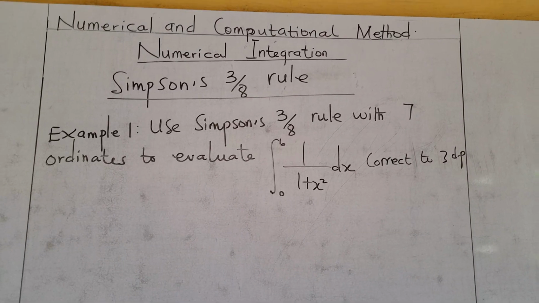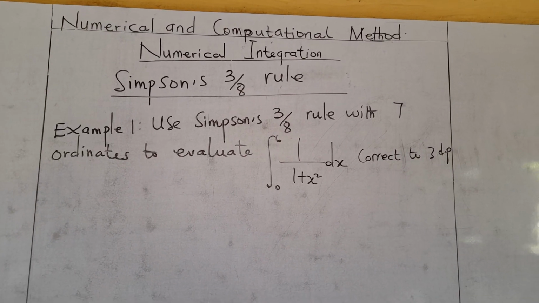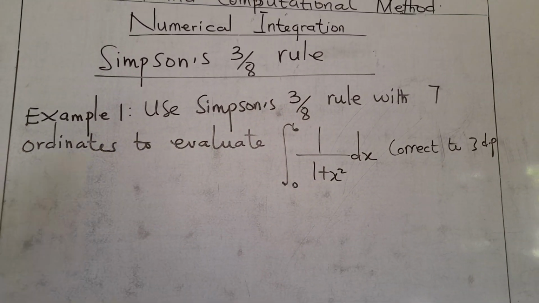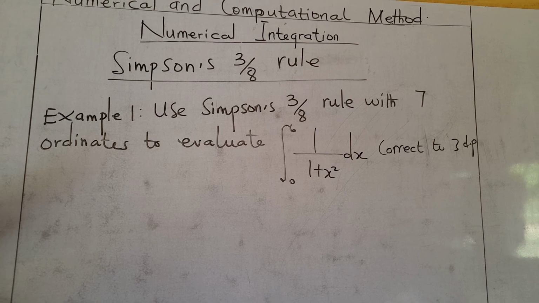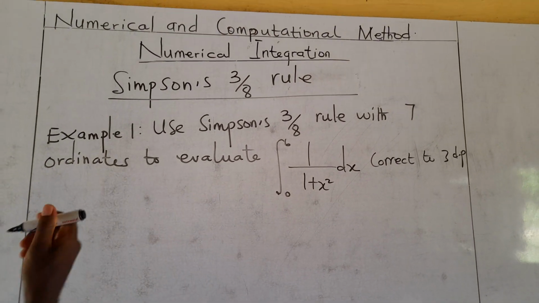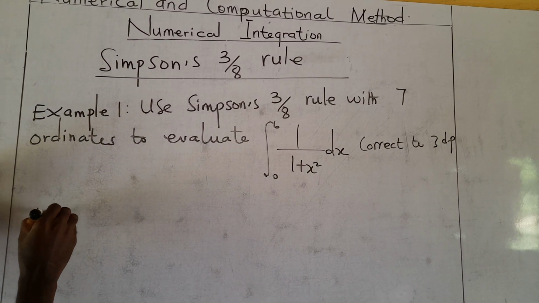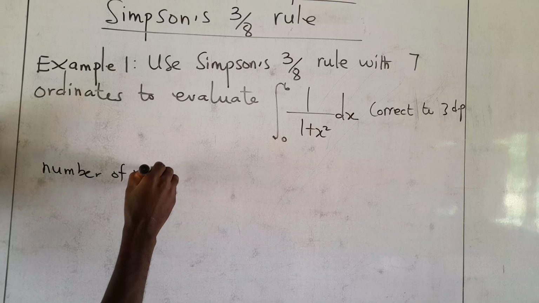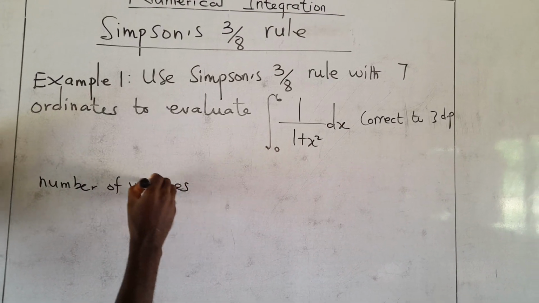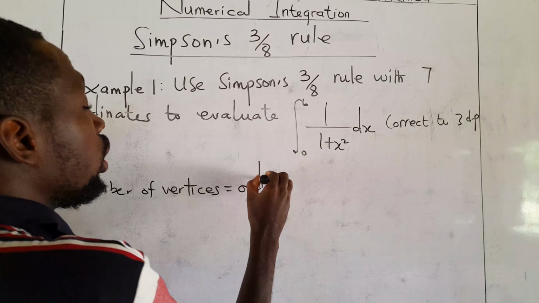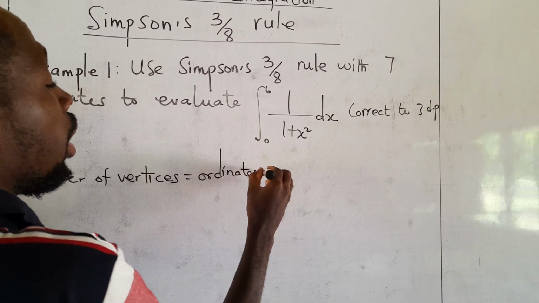The first thing we need to find is our interval of difference. Remember, we have 7 ordinates, and we said we can only use Simpson 3/8 rule if the number of vertices is a multiple of 3. So the number of vertices will be equal to the number of ordinates minus 1.